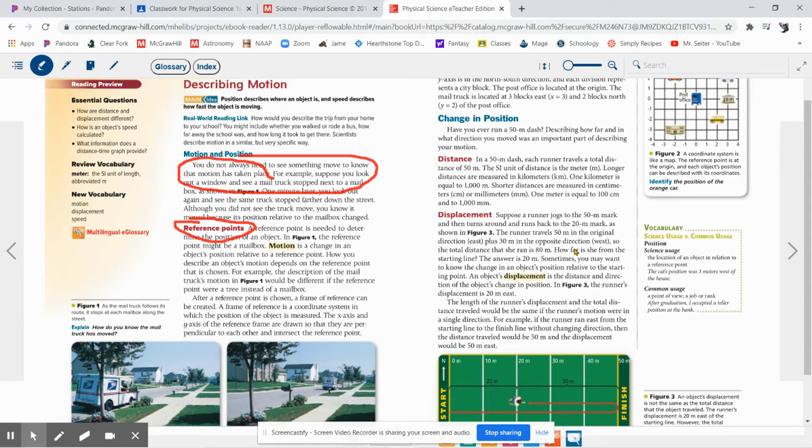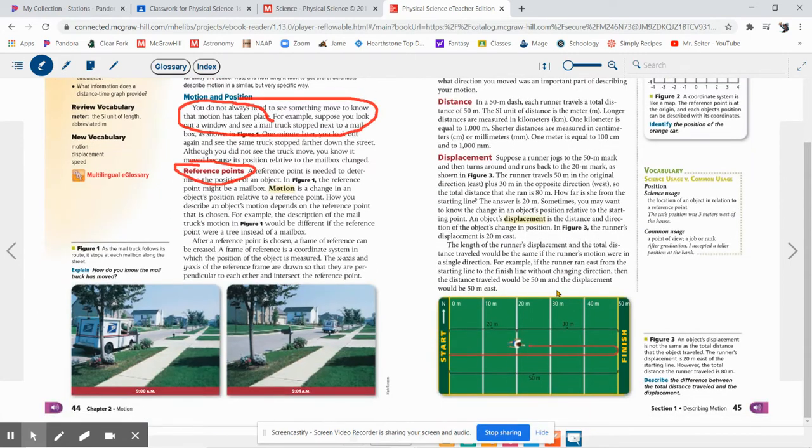Okay. Displacement also has to have a direction. So if you were at the school and you'd be going to Walmart, Walmart, I believe, is northwest of the school. So it would be a straight line from the school to Walmart with direction. Okay. And if we check this person out, they start here. They're running all the way down the field, 50 meters, and they're coming back, and they're back at 20.